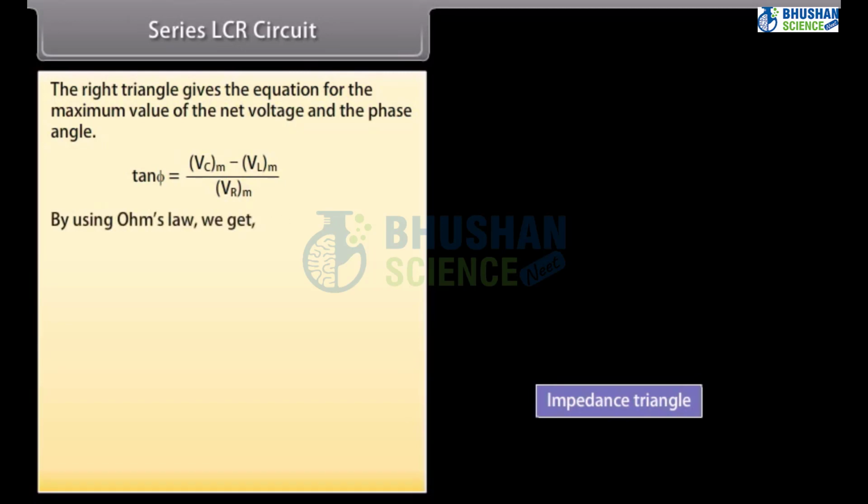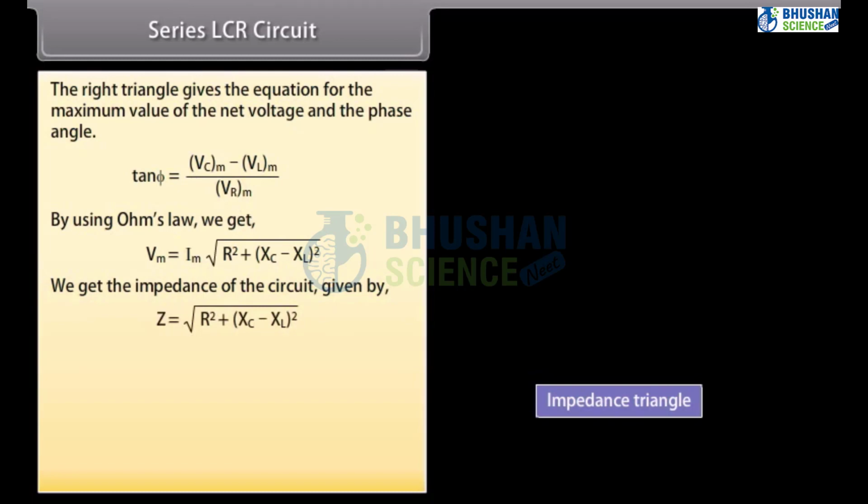By using Ohm's law, we get Vm is equal to Im multiplied by under root of R square plus (XC minus XL) square. We get the impedance of the circuit given by under root of R square plus (XC minus XL) square.